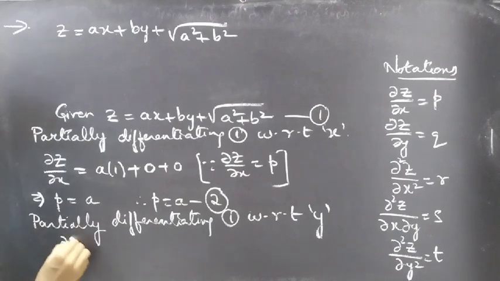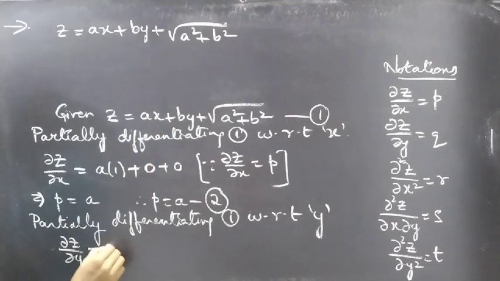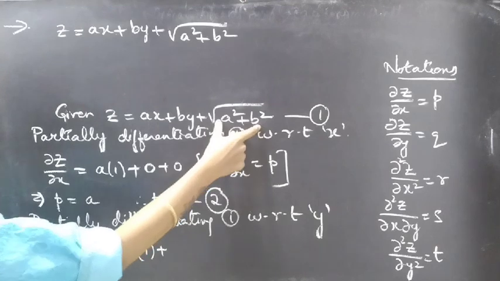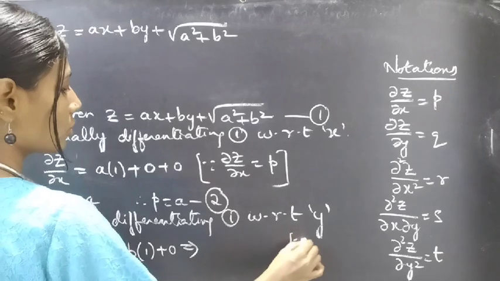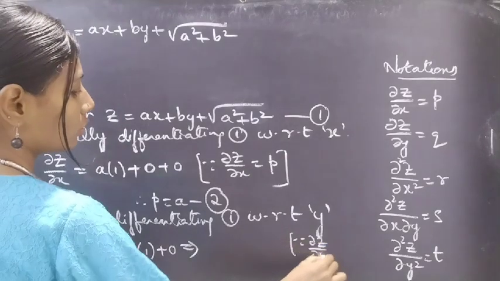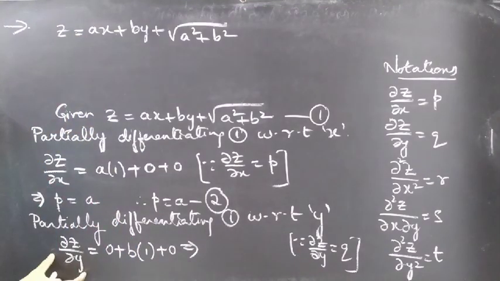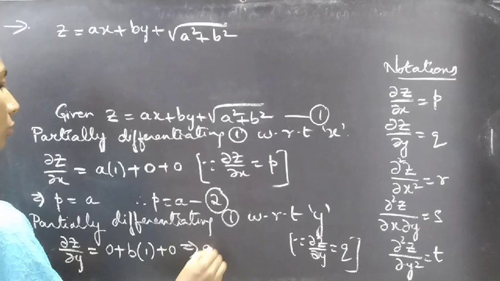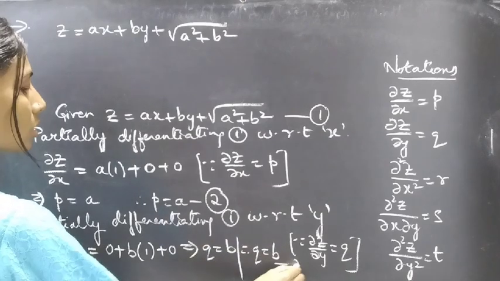So we'll get dou z by dou y equal to partial derivative of constant with respect to y is 0, plus b into partial derivative of y with respect to y is 1, plus partial derivative of constant with respect to y is 0. This gives us, since we have a notation dou z by dou y equal to q, let's replace this by q. We'll get q equal to b. Therefore q equal to b. Consider as equation number 3.